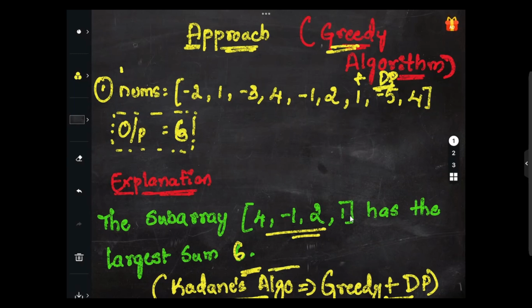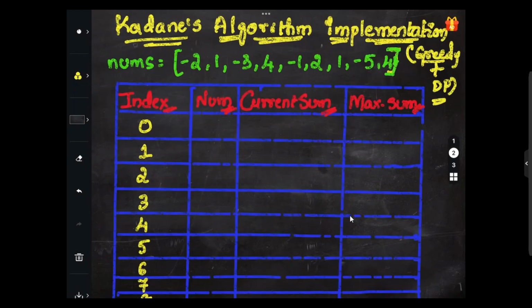So the first thing is, we are going with Kadane's algorithm, nothing but greedy plus DP in this case. Let's see the Kadane's algorithm implementation along with greedy plus DP, with the same array of elements, the first example that we have considered.